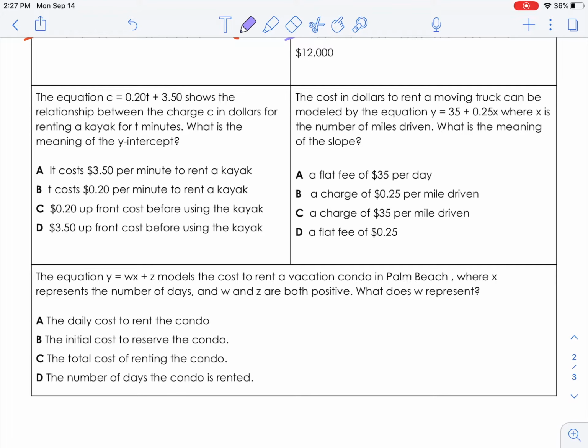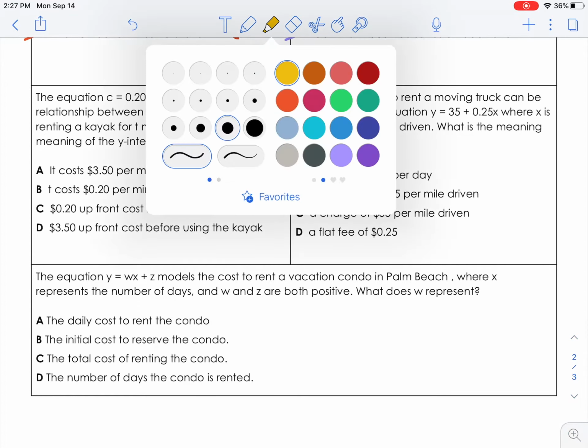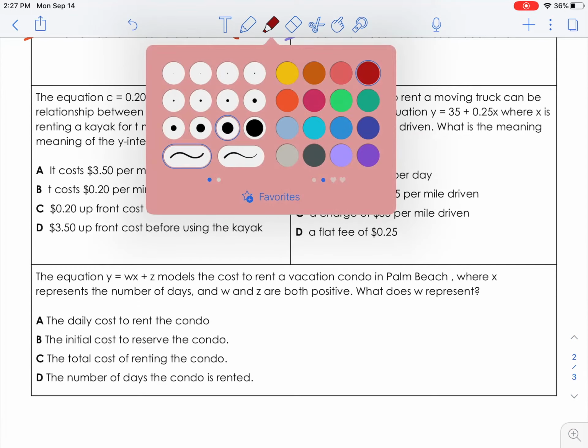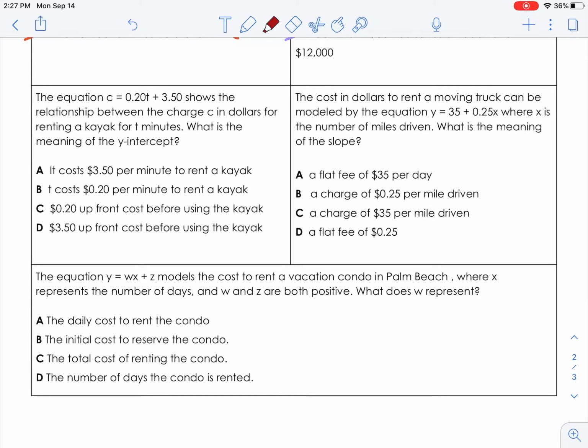All right, last three. Here we go. This equation shows the relationship between the charge, C, in dollars for renting a kayak for T minutes. What is the meaning of the Y-intercept? So if we look at the Y-intercept, okay, the Y-intercept is 3.50. So again, it does not cost $3.50 per minute for the kayak.